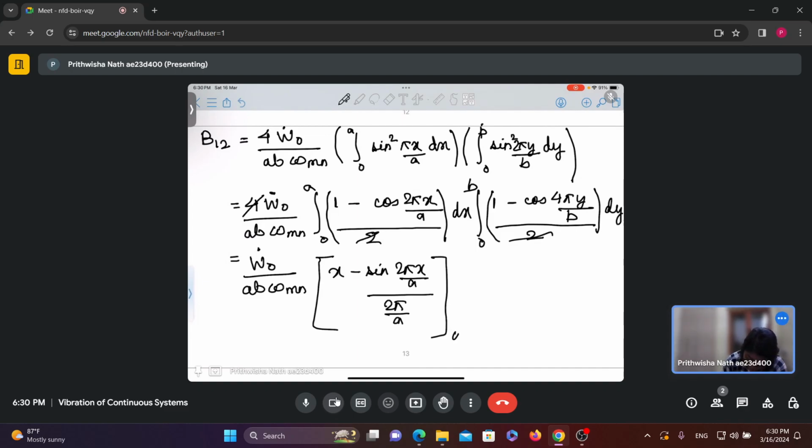This will vary from 0 to a. For the y term it will become y minus sine of 4 pi y by b divided by 4 pi by b, from 0 to b.